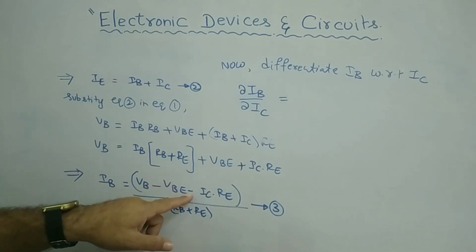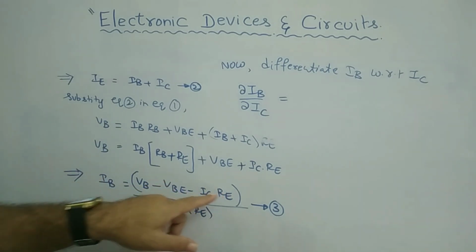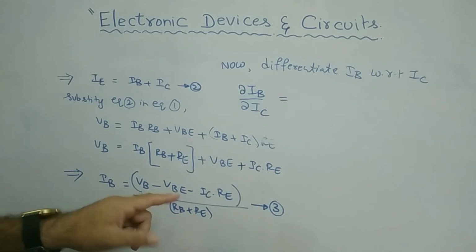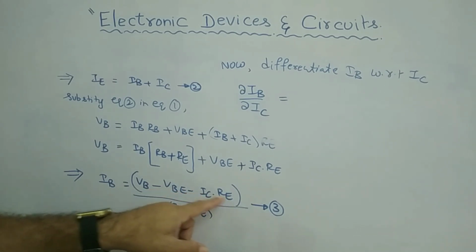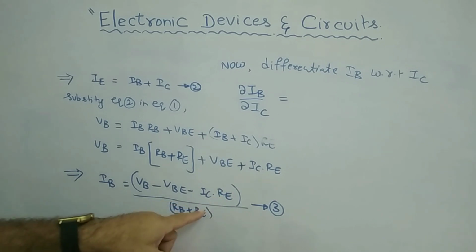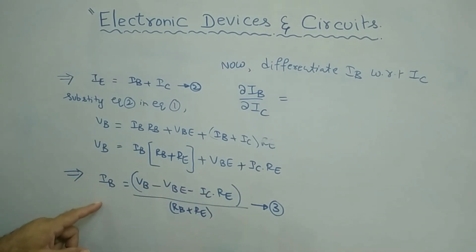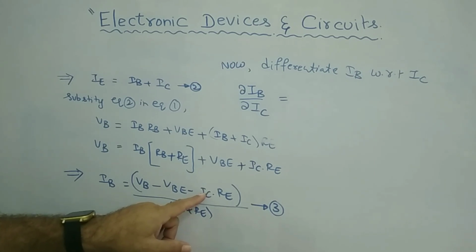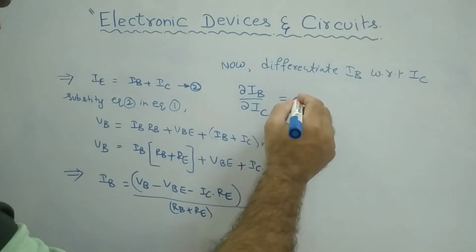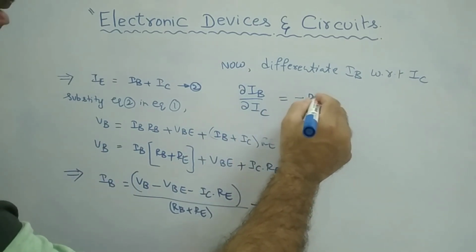Then what actually remains? Minus IC into RE by RB plus RE. Therefore, you will get minus IC into RE. In this term, you have IC. Therefore, if you differentiate IB by IC, then your IC becomes 1. Therefore, you will get minus RE.